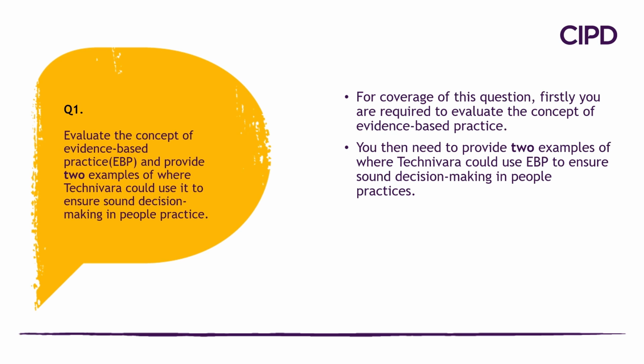The second part of this question requires you to provide 2 examples where Technovara could use evidence-based practice to ensure sound decision making in people practices. So we need to consider here where we would use a range of different data sources so that similarity can be investigated.